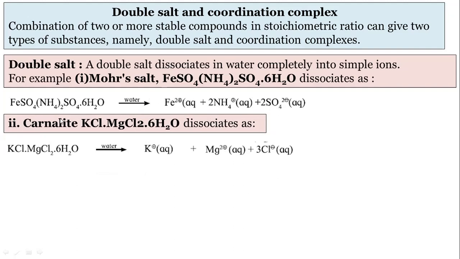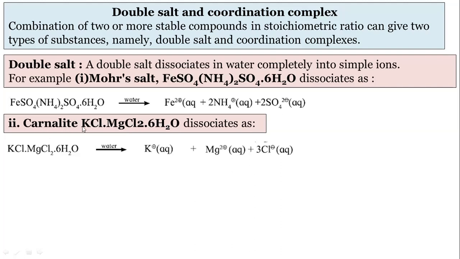We will take another example of a double salt. It is carnallite. It is a salt of KCl and MgCl2. Again, these are two salts mixed together, magnesium chloride and potassium chloride. And this is the formula. This can be asked for 1 mark. Write the formula of carnallite.